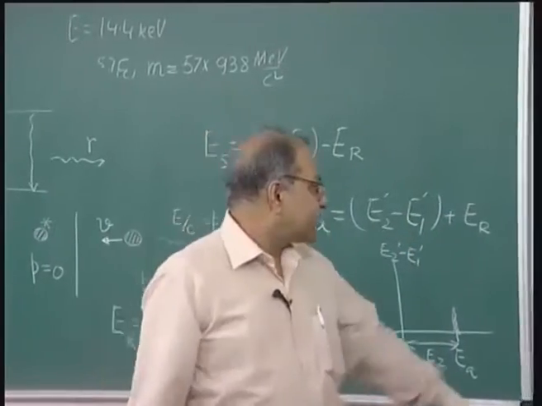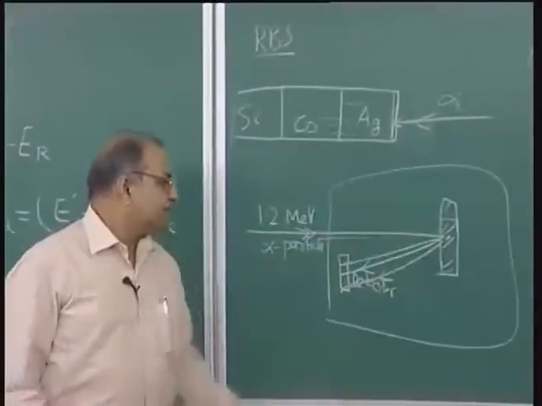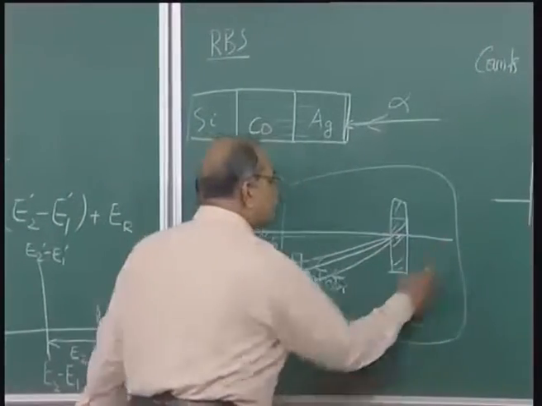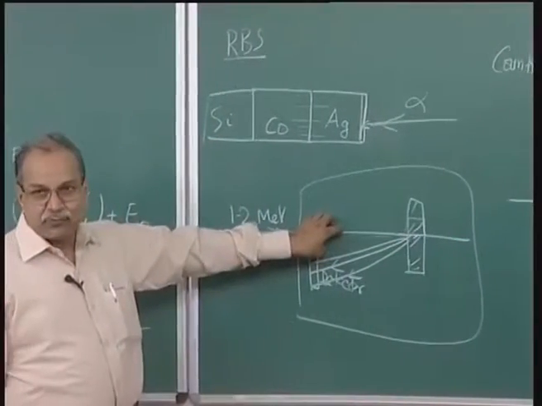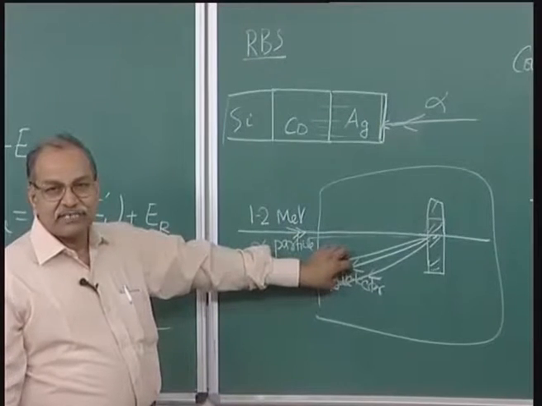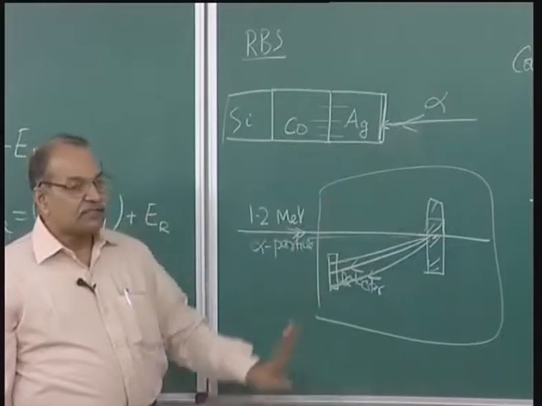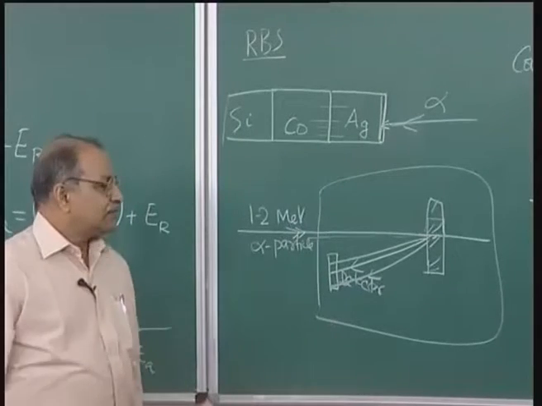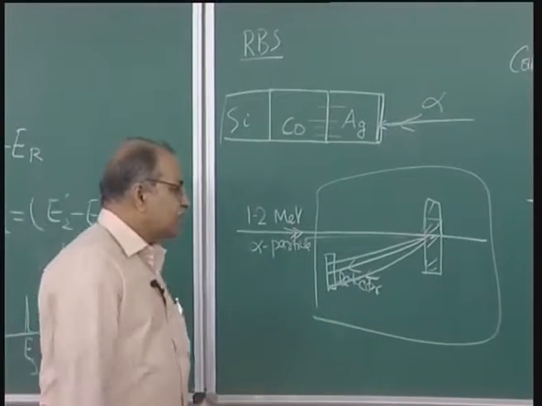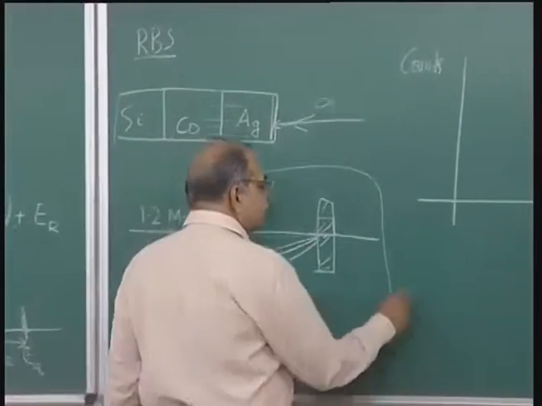If I take this angle to be just 180 degrees, of course, I cannot put the detector at 180 degrees, I have to put it at some 160, 170 or 165 degrees. But for showing a typical calculation, if you do that, the analysis is very simple.